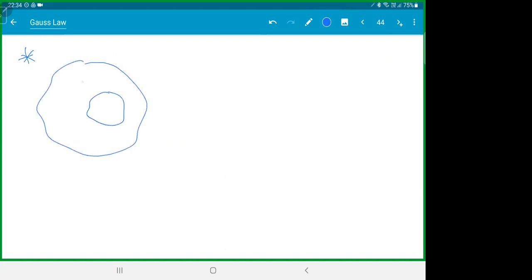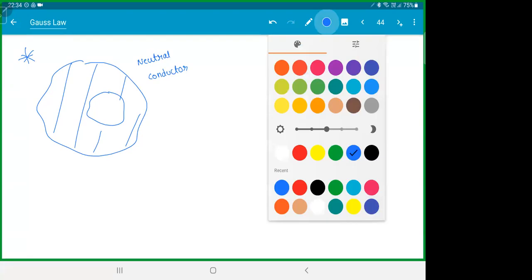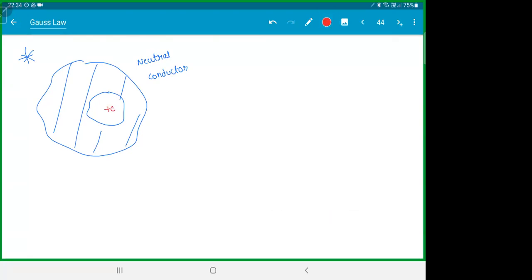So let me draw that again. This is a neutral conductor. There is no charge. And let's say you kept a charge Q here.